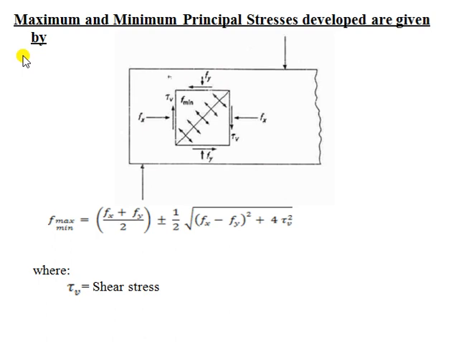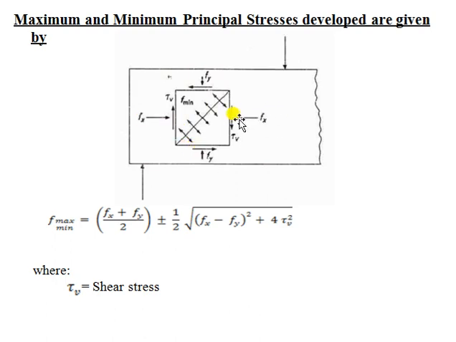The maximum and minimum principal stresses developed are given by the following. Let us consider a rectangular section, and in this rectangular section, let us consider a small elemental strip. This small elemental strip is subjected to horizontal prestressing and vertical prestressing.